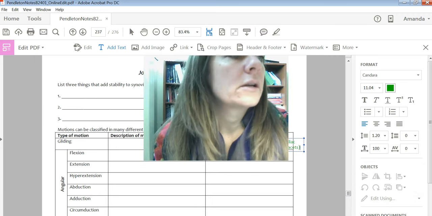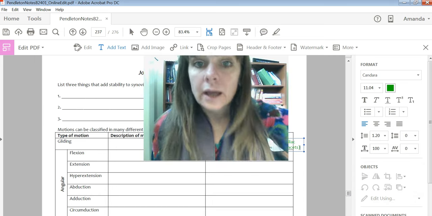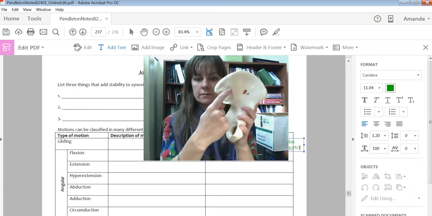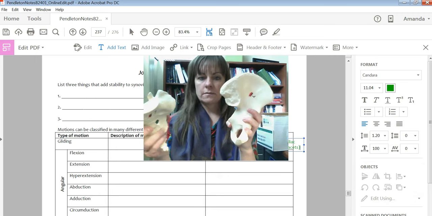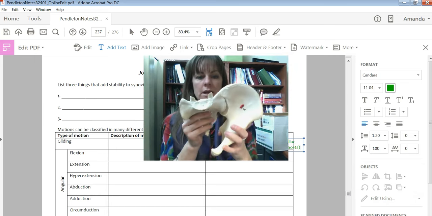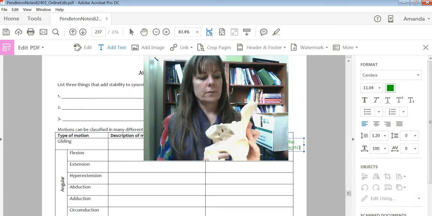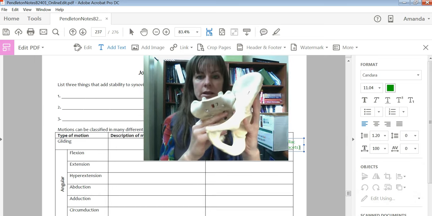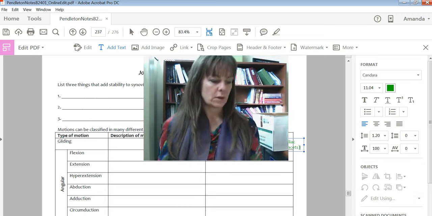If we look at the sacroiliac joint, here's the ilium, here's the sacrum, and they meet up right here. It turns out there's a little bit of gliding and wiggling with these two surfaces.